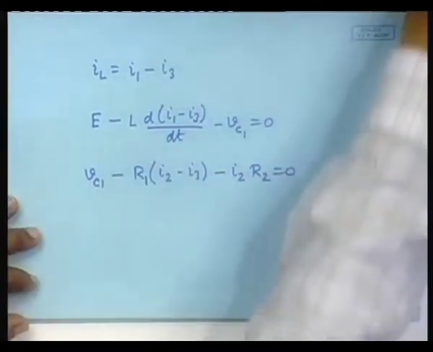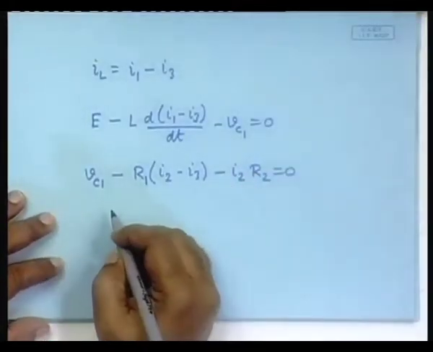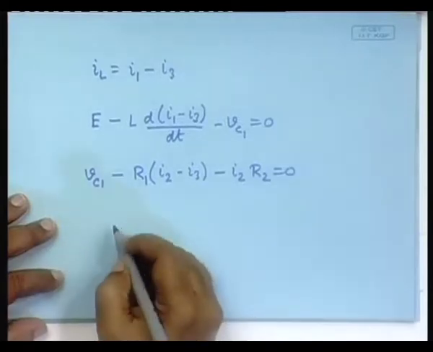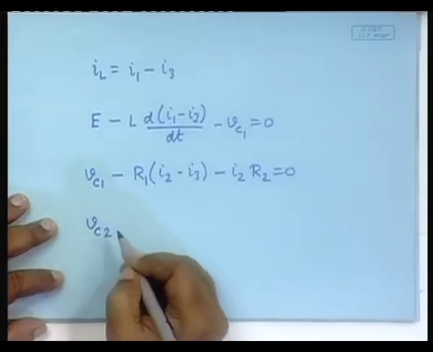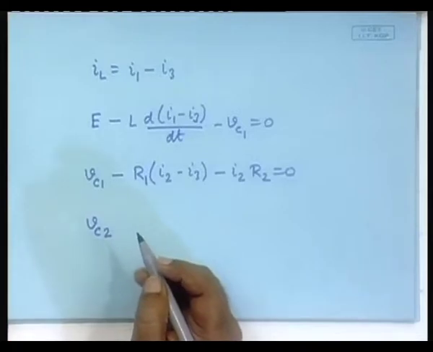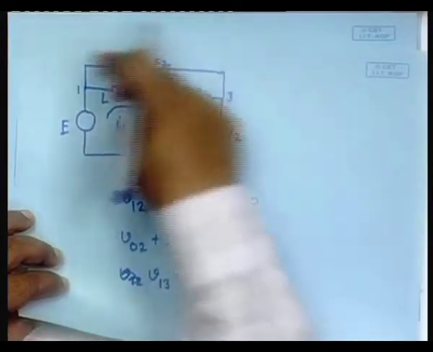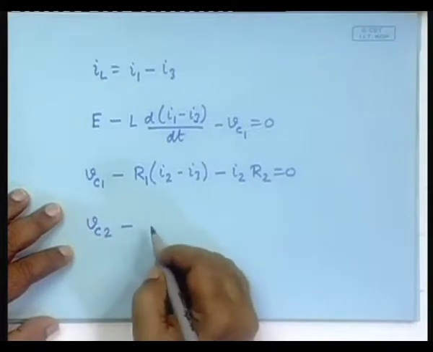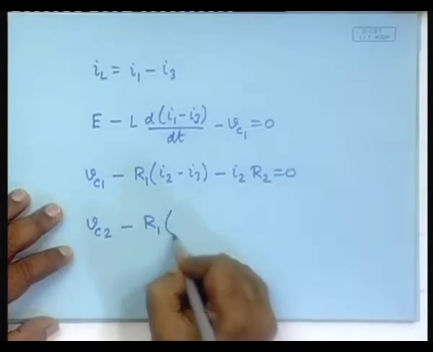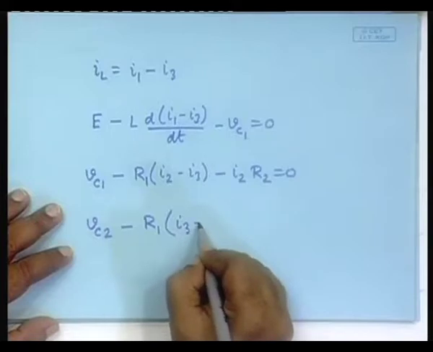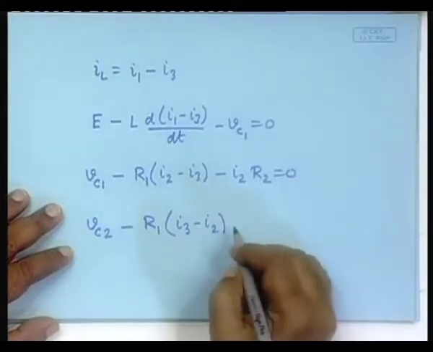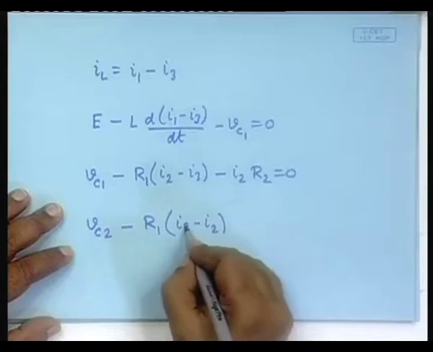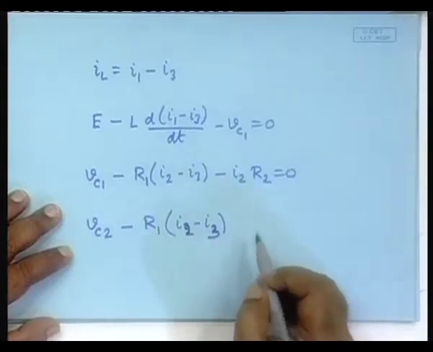Third one, the one at the top, it will give Vc2. Now, here I am going anti-clockwise, is a rise, so I have to go this way, minus R1, it will be I2 minus I3, for the correct sense.